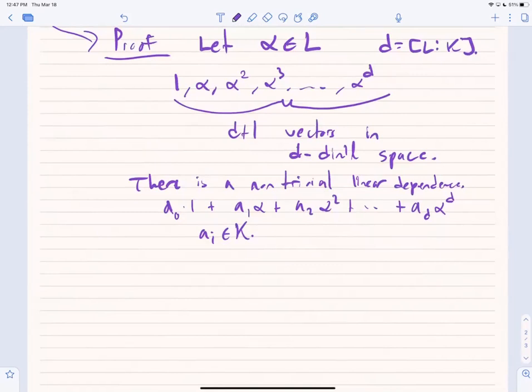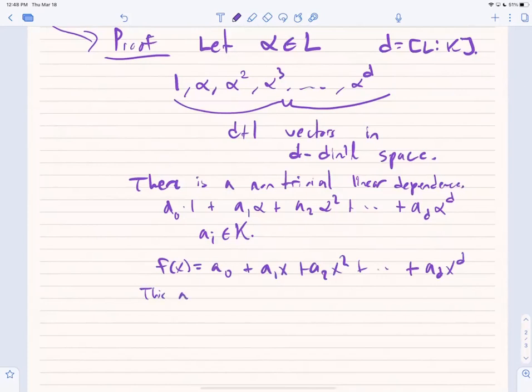Well, this is a polynomial. If I write f of x equal to A0 plus A1 x plus A2 x squared plus so on, plus AD x to the D, this is a non-zero polynomial with coefficients in K. The fact that this is a non-zero polynomial is just the fact that this is a non-trivial linear dependence.